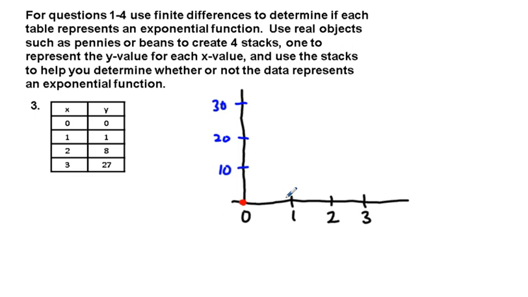At 1 we have 1. At 2 we have 8. And at 3 we have 27, which is way up here. Okay, so we have the general shape of an exponential function, if we look at it.